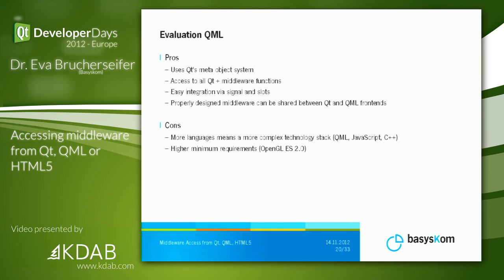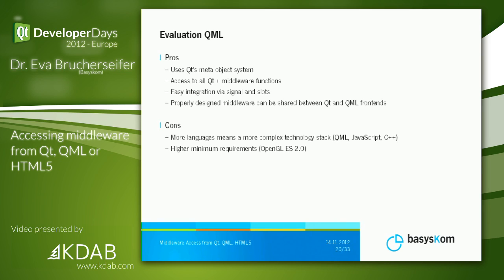Yeah. The evaluation of QML. What does it mean? What are the pros and the cons if you want to use it? The pros in QML, well, one of the pros, of course, is you have access to the Qt meta-object system, which is a good thing because you can reuse your well-known technology.